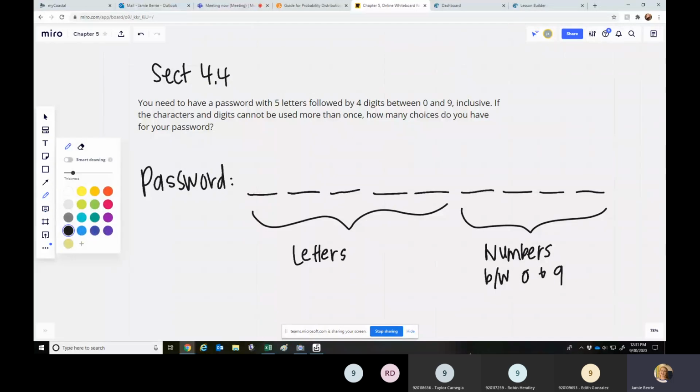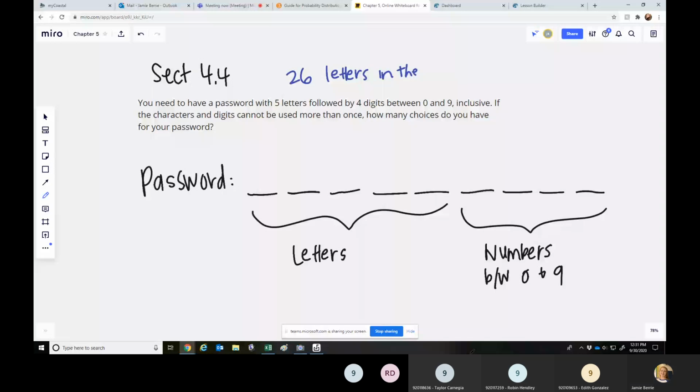All right, so let's think about how many choices we're going to have for each letter as we go through our password, and each number as we go through our password. So here's our first letter of our password. We have 26 letters in the alphabet. So there are 26 options for our first letter.